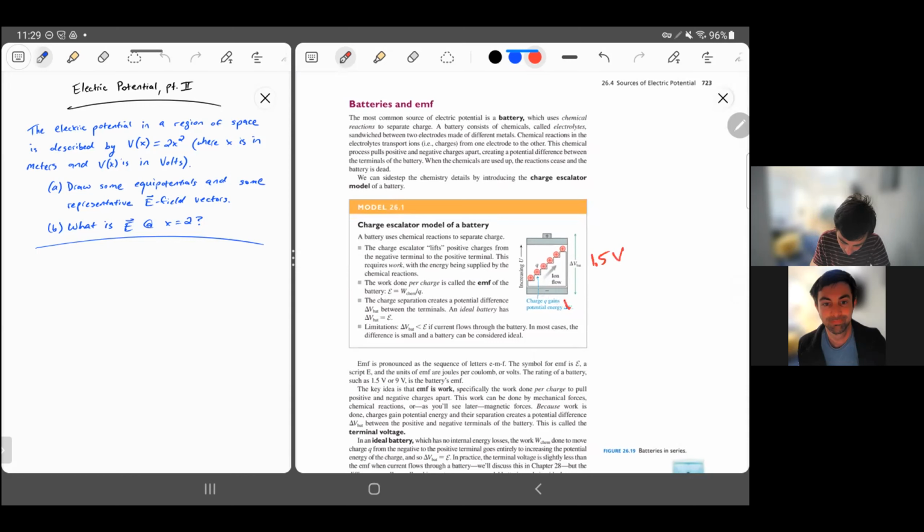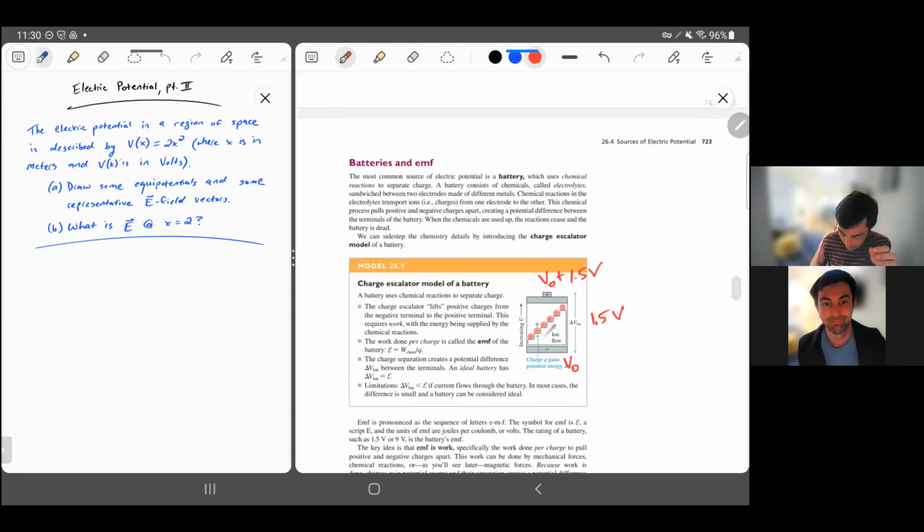So whatever potential it is at the negative end, the positive end is 1.5 volts higher than that. And the chemical reactions are able to maintain this constant, and over a very, very long time, maybe after 1 year, your battery doesn't work anymore, it's like 1.2 volts. You can take a voltmeter, and at 1.2 volts, it starts to not really function properly in whatever electronics you have.